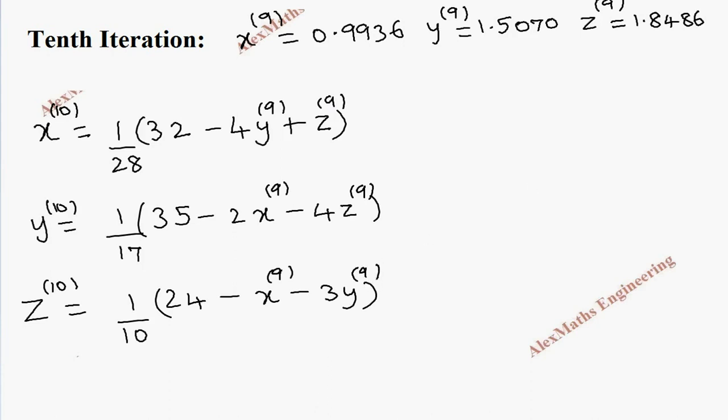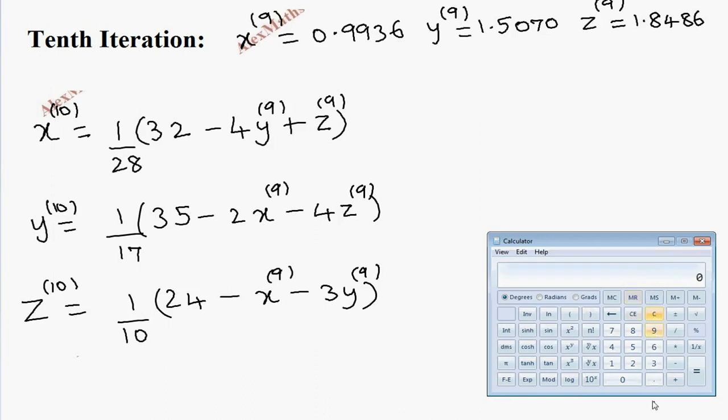Now coming to the calculation part, first one, it is 32 minus 4 into 1.5070 plus 1.8486. This whole value divided by 28.